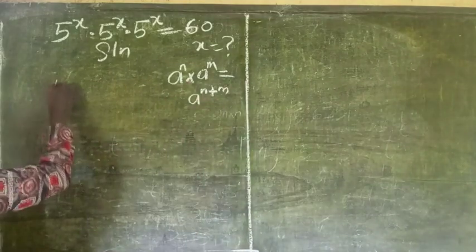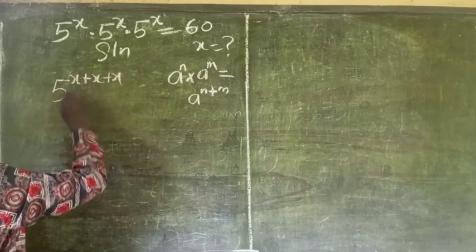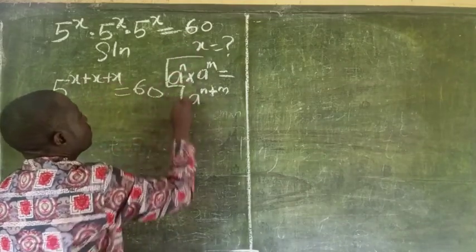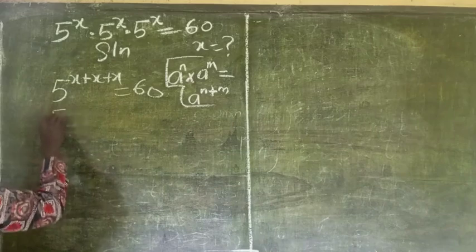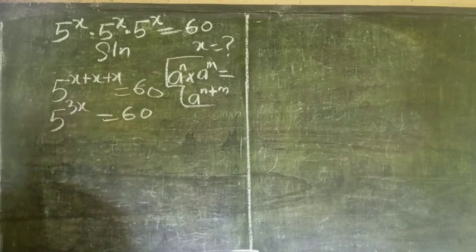So we're going to say 5 raised to power s plus s plus s, in three places, equals 60. If we do this well, it becomes 5 raised to power 3s equals 60.